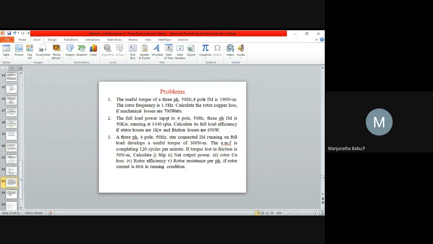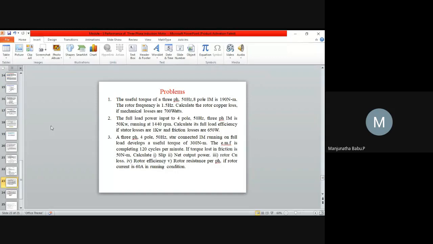So note the given data: number of poles 4, frequency 50 hertz, input power 50 kilowatts, speed 1440 RPM.